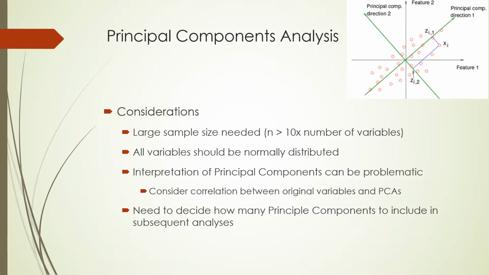There are some fairly objective approaches in multivariate analysis to how to decide how many principal components are included. Eigenvalue is one way, using eigenvalues greater than 1.